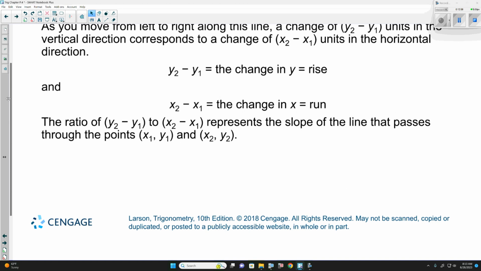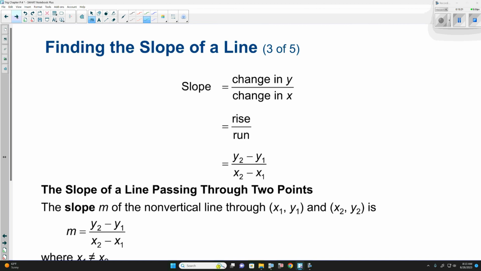Now, another way to say both of these is delta y and delta x. Delta y is change in y. Delta x is the change in x. So really we can say slope is delta y over delta x. Change in y over change in x. So, rise over run.